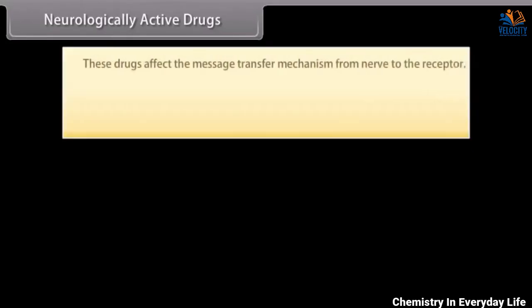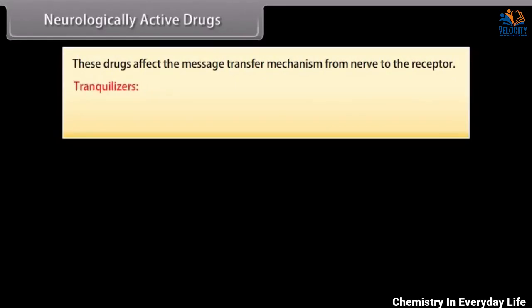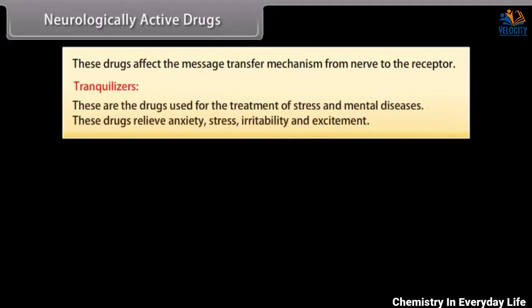Neurologically active drugs. These drugs affect the message transfer mechanism from nerve to the receptor. Tranquilizers. These are the drugs used for the treatment of stress and mental diseases. These drugs relieve anxiety, stress, irritability and excitement.